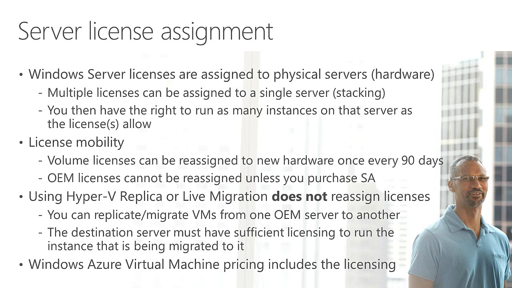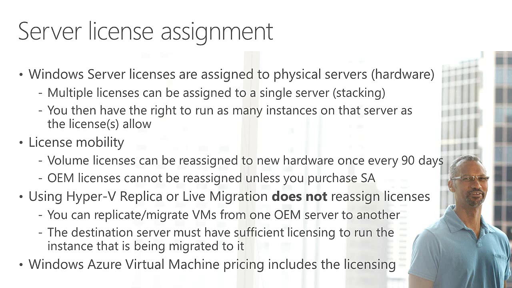When you assign a license to a piece of hardware, that defines how many virtual machines you can run on that piece of hardware. And in fact, you can assign multiple licenses to a single piece of hardware. We call this license stacking, and that can extend or expand the number of virtual machines that you could run on any one given piece of hardware.